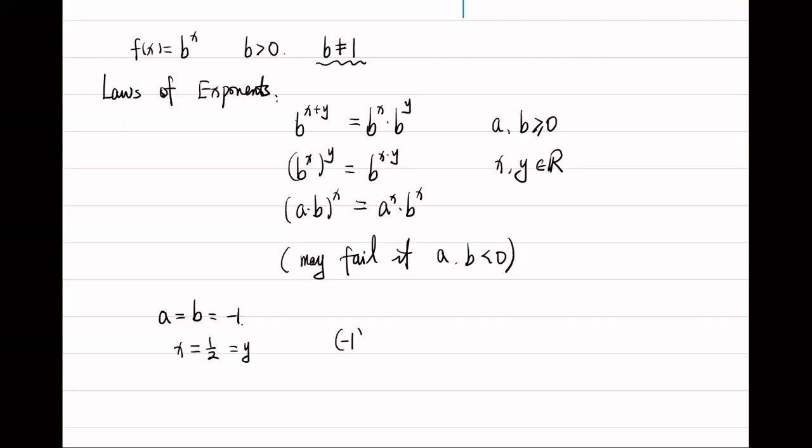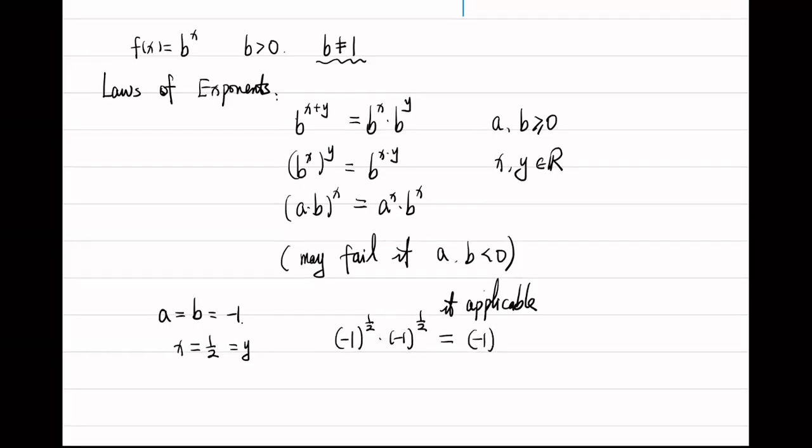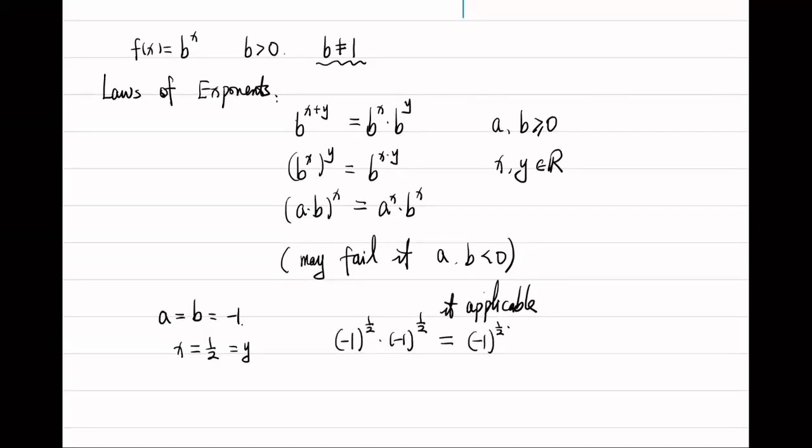If we can apply the laws, if applicable, so this gives us -1.